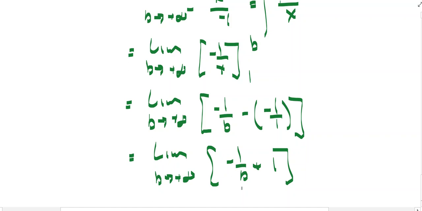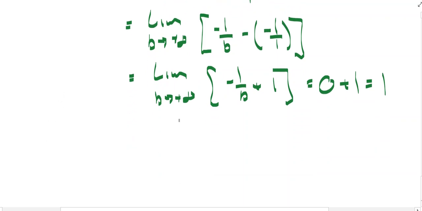As the denominator of a fraction becomes infinitely large, this whole fraction approaches 0. So this approaches 0, and the limit of a constant is always simply equal to the constant. So the limit is 1.